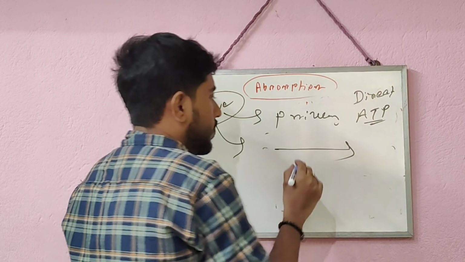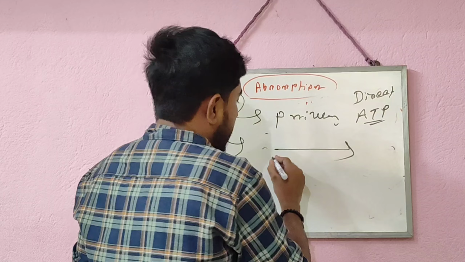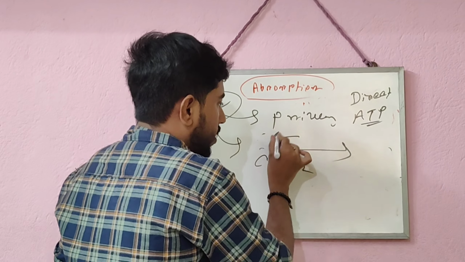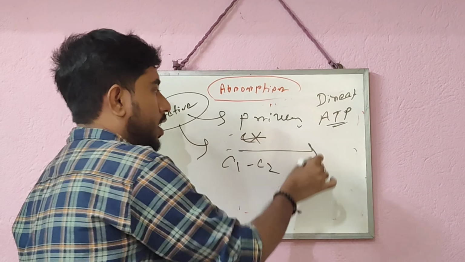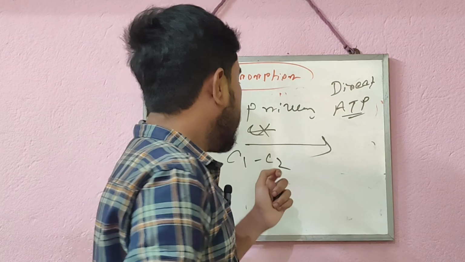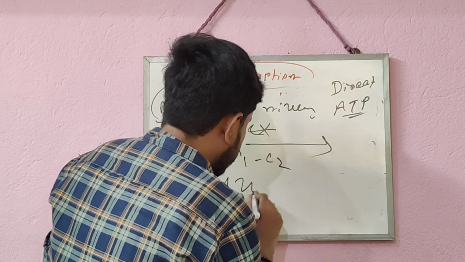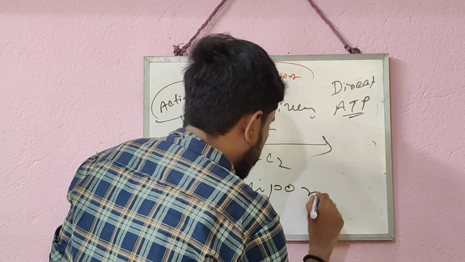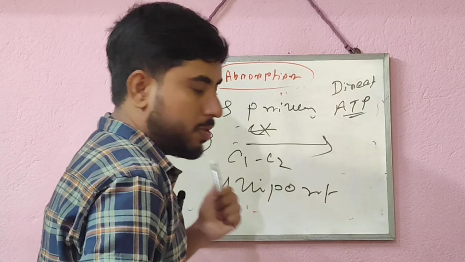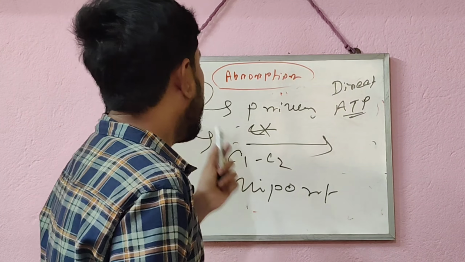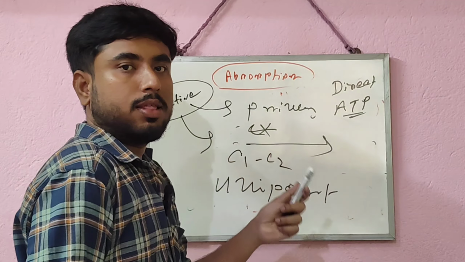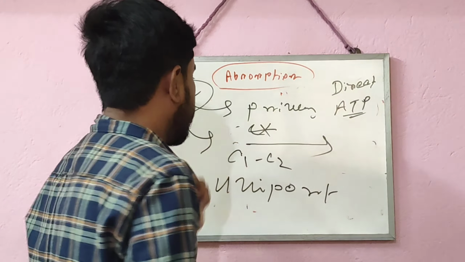That means the drug can be absorbed against the concentration gradient in one direction, and it can't revert back. So it is unipath, that's why it is also called uniport. This active transport system is called uniport because the flow or absorption of the molecule or ion is unidirectional. It can't revert back.